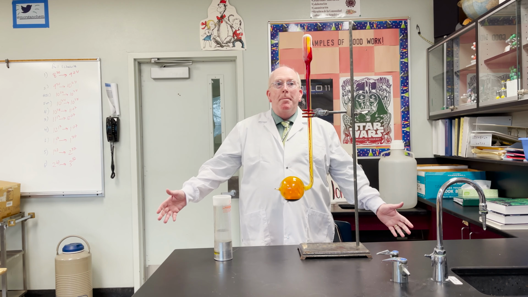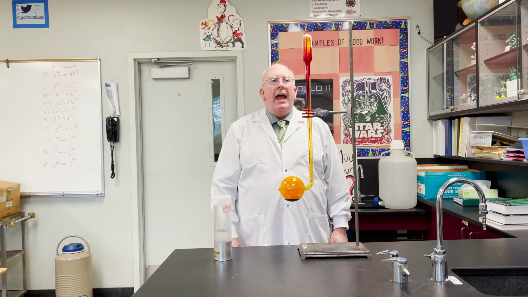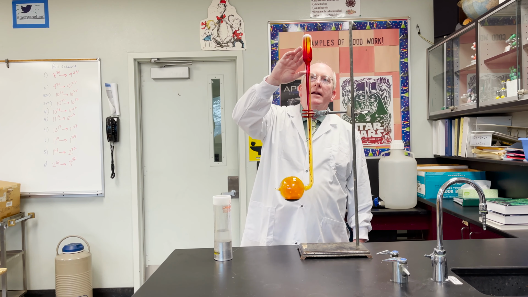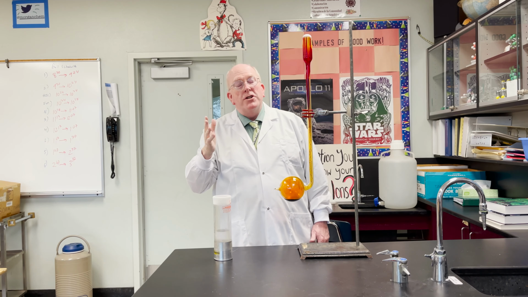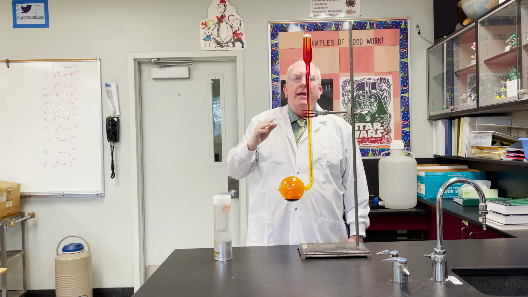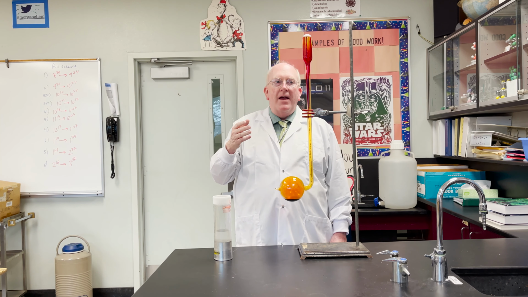Hey everyone, I'm back. So it's been somewhere between 5 and 10 minutes, and what you have been seeing here is that the deep red color, orangish to red color that you saw up there, is disappearing. The bromine has been melting and vaporizing.